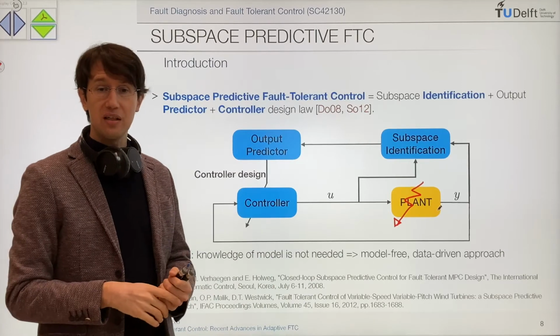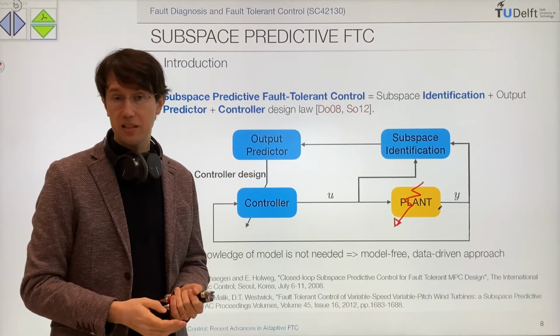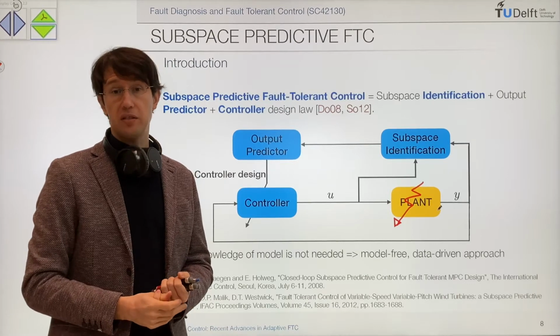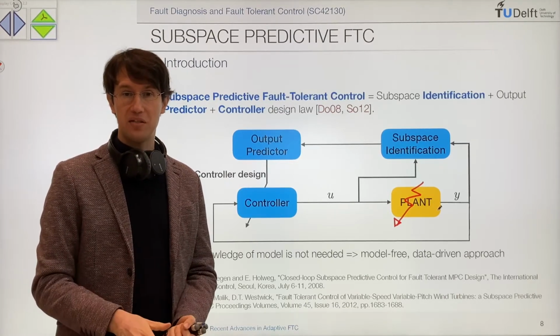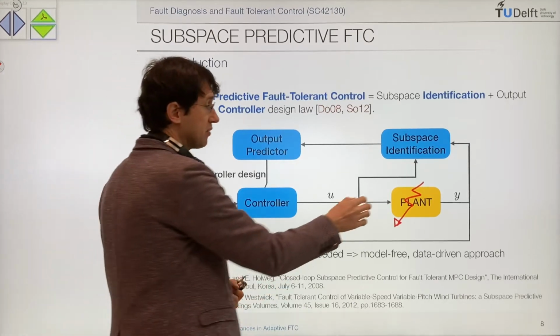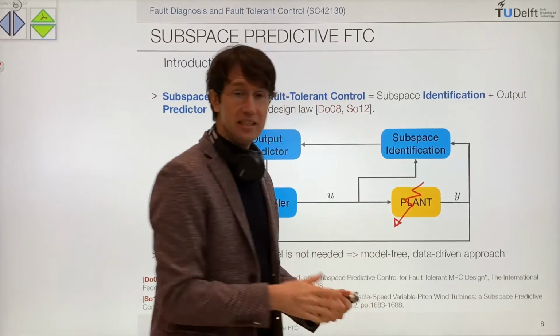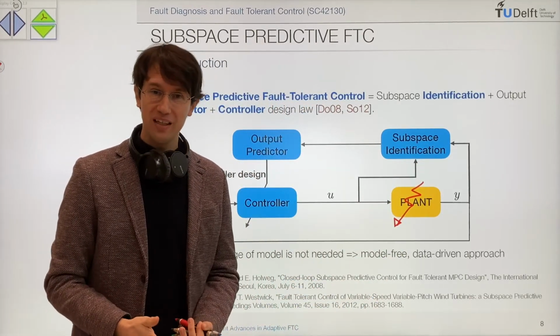Of course, there are some kinds of faults that you can adapt to and some others that you cannot adapt to. Let us imagine the case where all the sensors fail. I mean, this is an extreme case. But when all the sensors fail, clearly, there is no way to identify a model because you have no information.